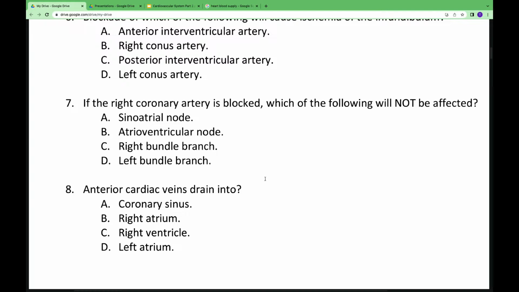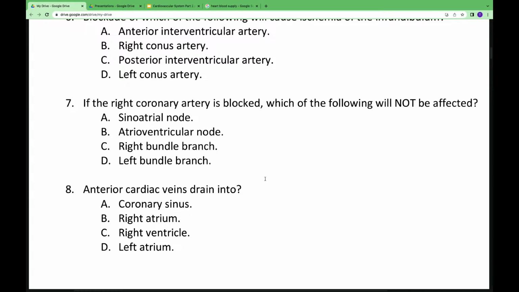Yes, correct. And final question for today. Anterior cardiac veins drain into A, B, C, or D. So what will be the final answer? B, right atrium. That's correct.